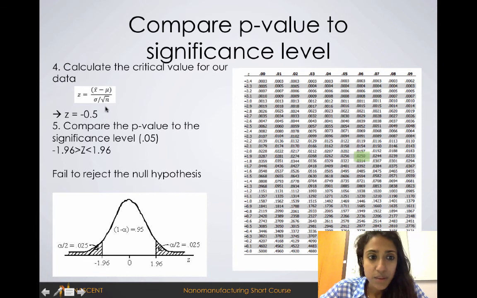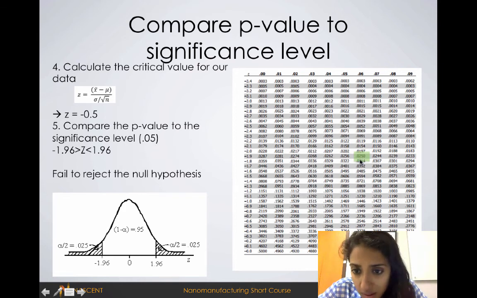And so then we compare this negative 0.5 value to what the p-value is for a significance level of 0.05. So we go to this two-tailed table, and for a two-tailed table, that means we have to divide 0.05 by 2.